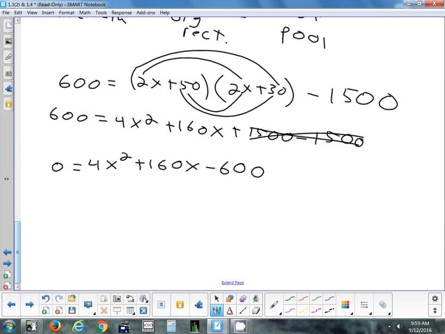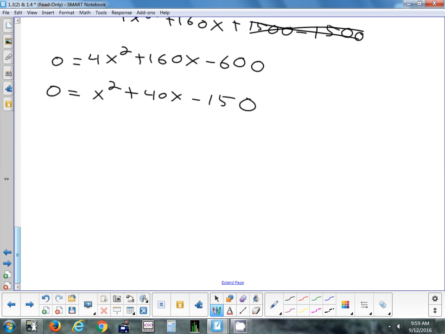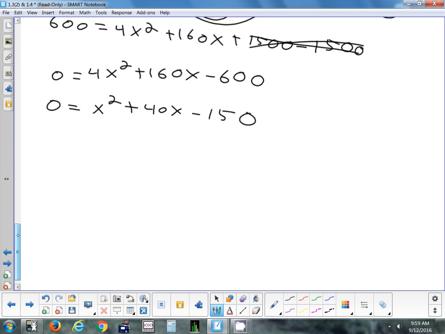Can you divide by 4? Yep, you can divide everything through by 4. Okay, and this does not factor nicely. So how else can I solve this equation if I can't factor it? From Algebra 1. Yeah, we're going to use our quadratic formula.